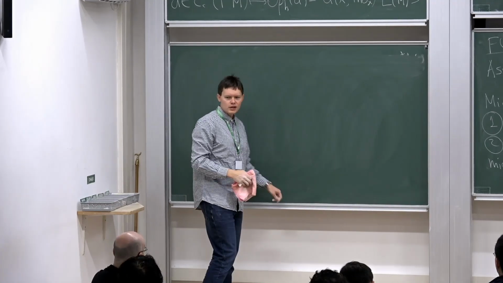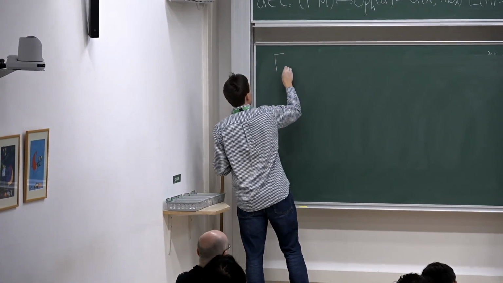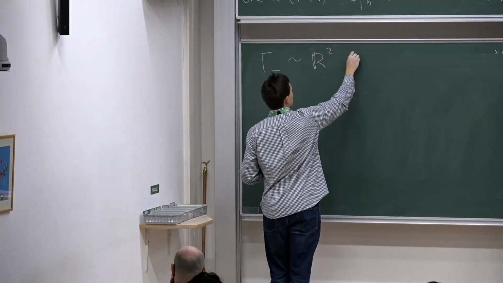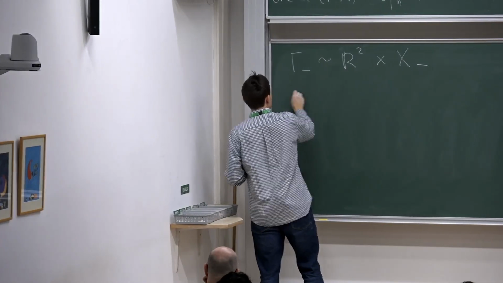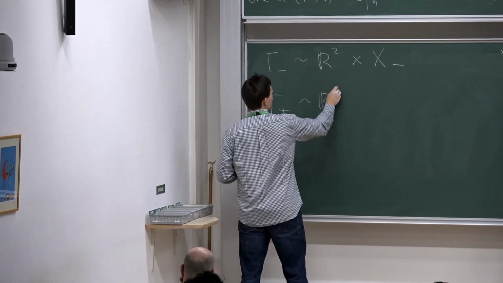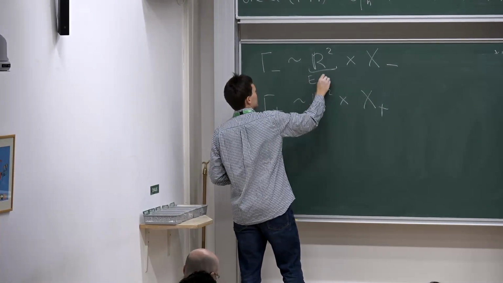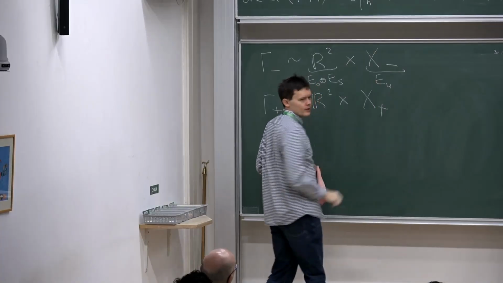Yeah. Officially? Okay. So what you can see is that gamma minus will locally look like R2 cross some set X minus, and gamma plus will locally look like R2 cross the set X plus. So here my R2 is in the weak stable direction, and X minus is in the unstable direction.